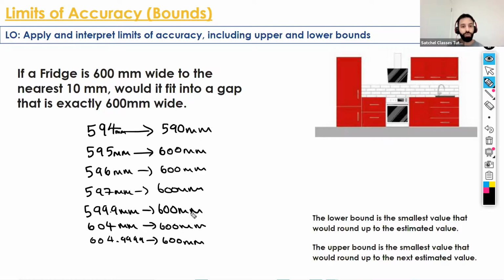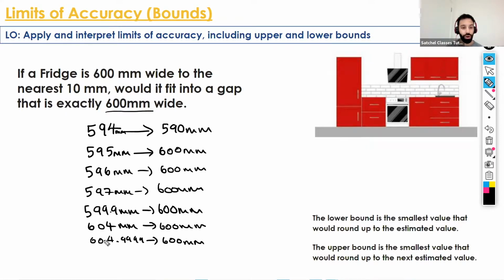So the width of this fridge that we want to put into our kitchen, so long as it fits into this gap here, can actually vary because we've rounded it to be 600 millimeters to the nearest 10 millimeters.